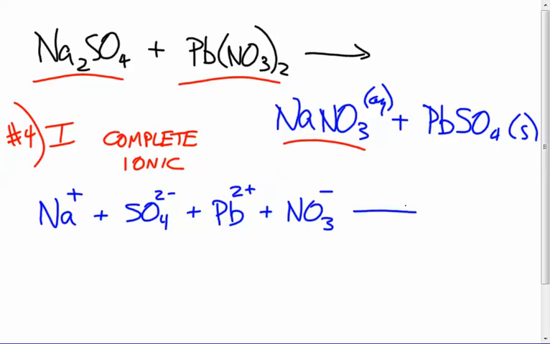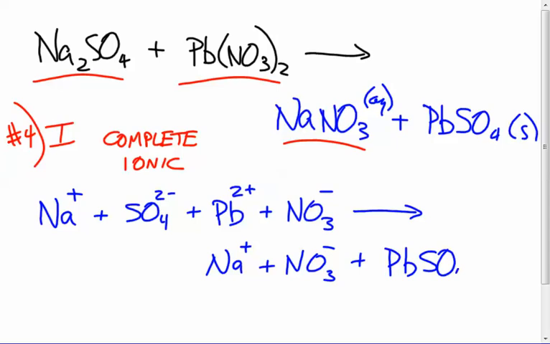And then on the products side of this reaction, we have the sodium nitrate in aqueous solution, and so that also gets broken apart into its ions. But the lead sulfate we write as a solid precipitate.